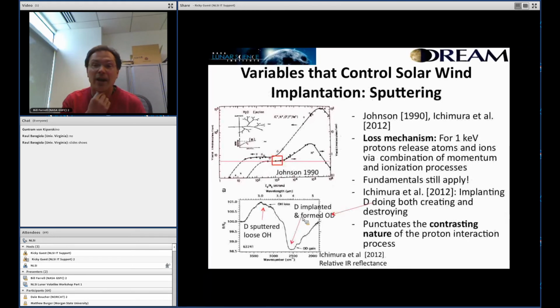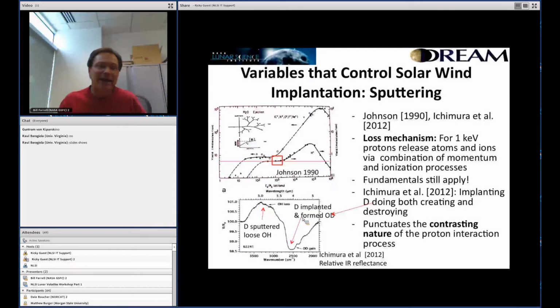There's a recent paper by Andrew Ichimura, which showed that implanting Ds both created OD, but could also sputter, or at least cause the release of, OHs. So he could see that the 3 micron infrared absorption feature actually decreased, while at the same time he was getting an increase in the 4 micron OD absorption feature.